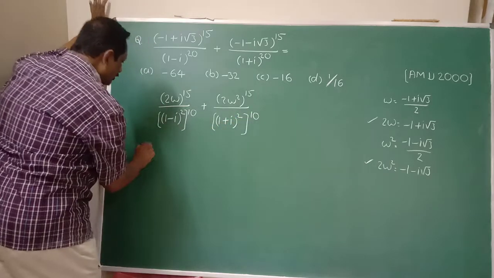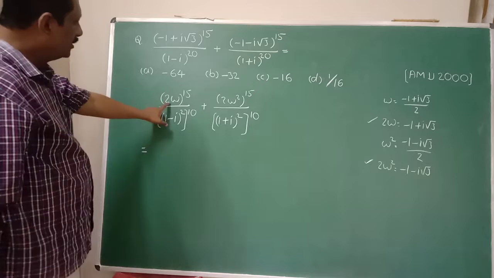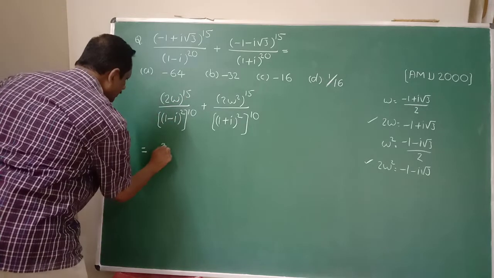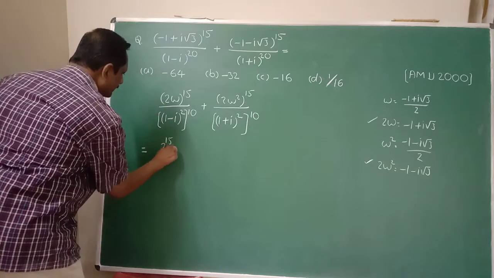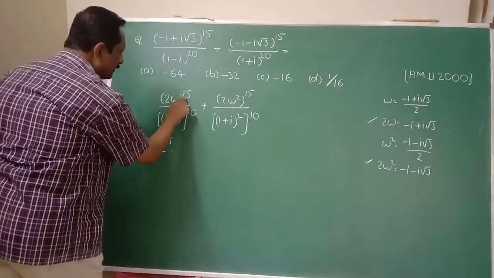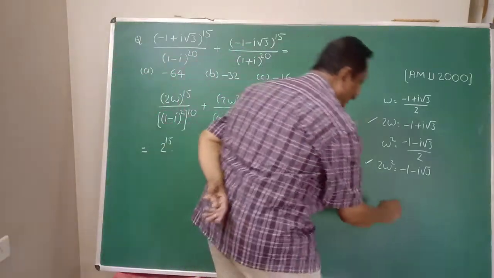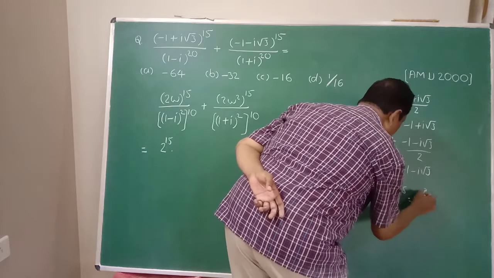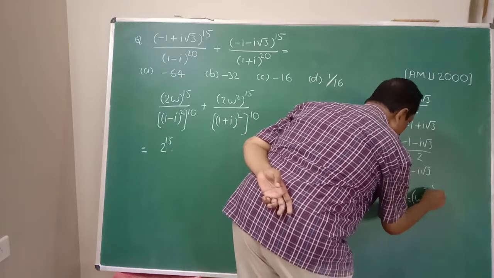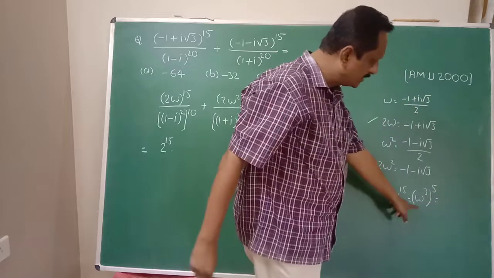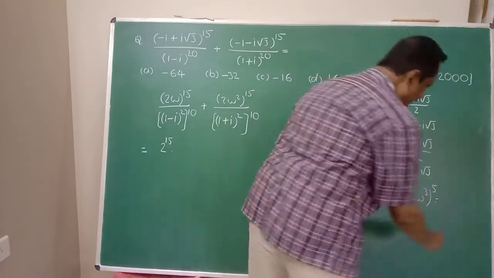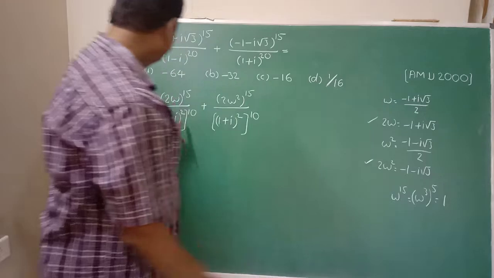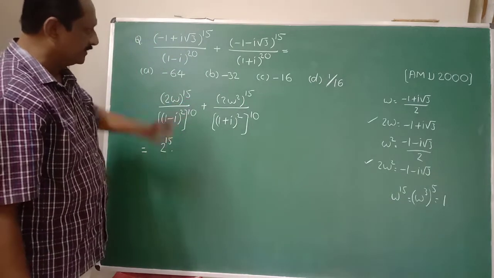So this is equal to 2 raised to 15 into omega raised to 15. You know that omega raised to 15 is omega cube raised to 5, and omega cube is 1. 1 raised to 5 is again 1, hence omega raised to 15 is 1.